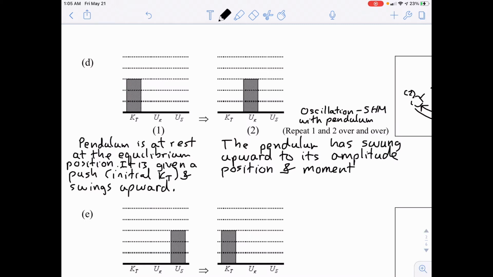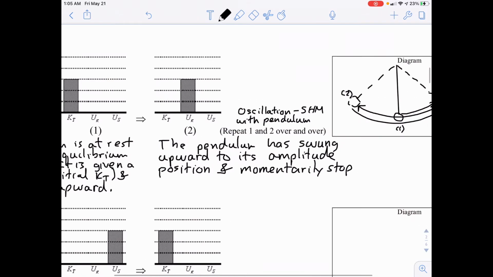And it momentarily stops. How do we know it momentarily stops? Because the translational kinetic energy is zero now.